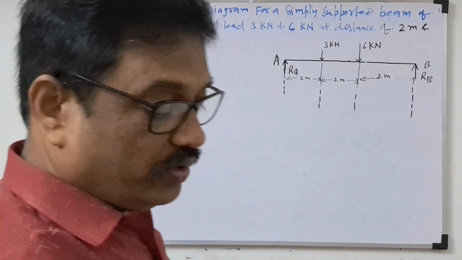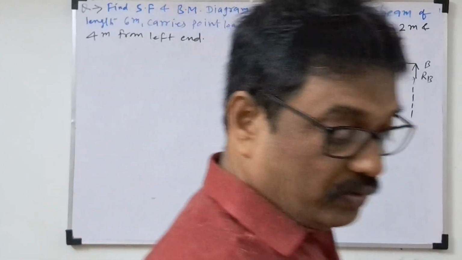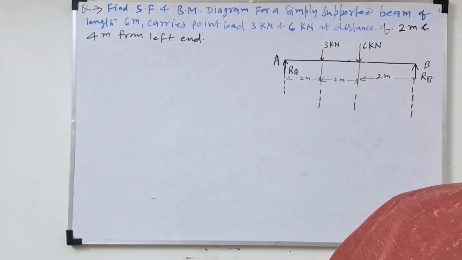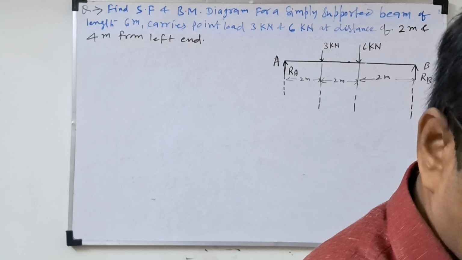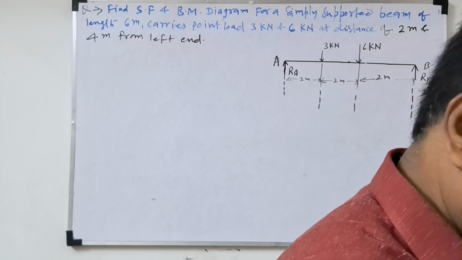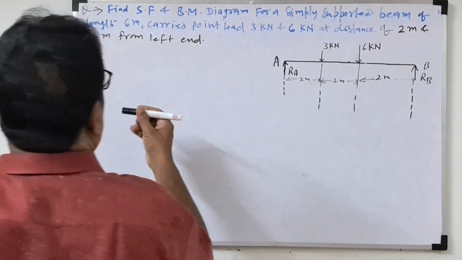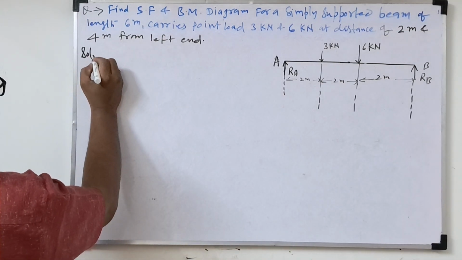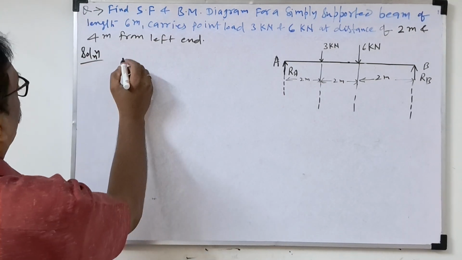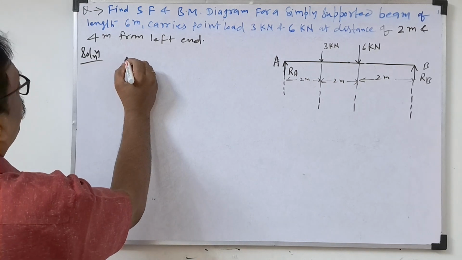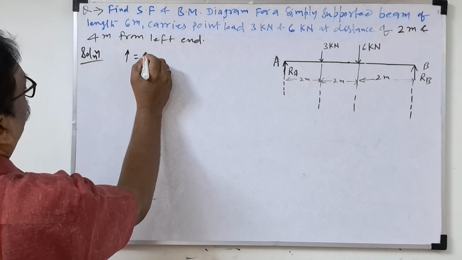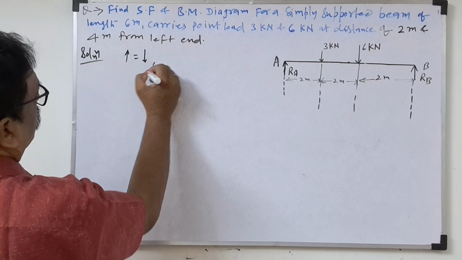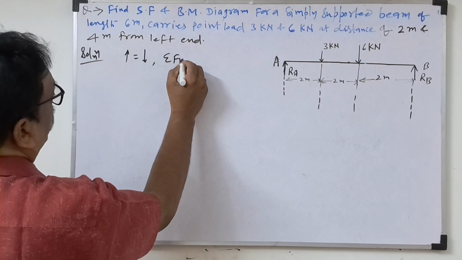So how to solve now? See, it's a very simple concept. First, we have to calculate the support reactions. Already you know, total upward force equals total downward force. We take sigma F equal to 0.